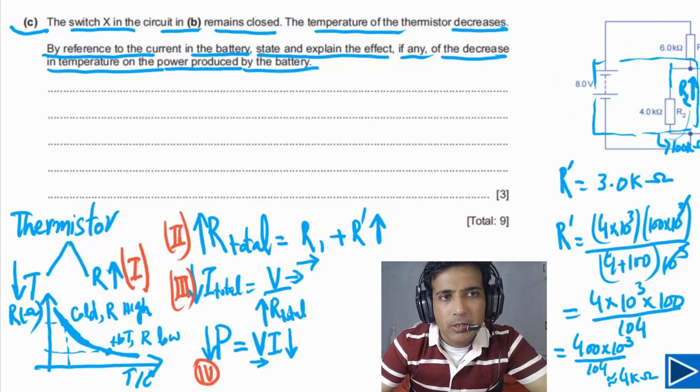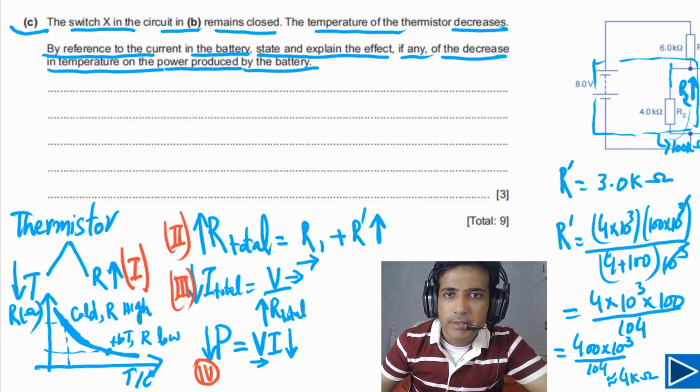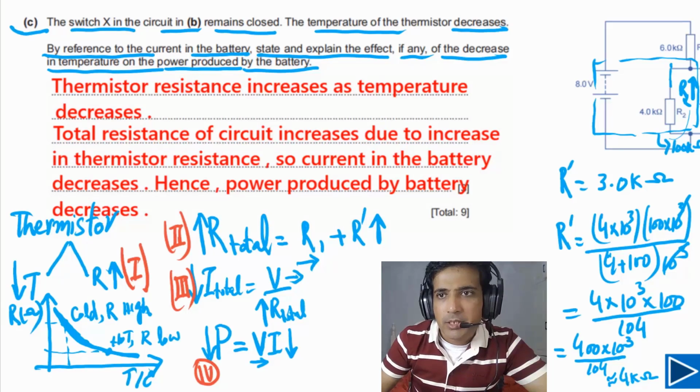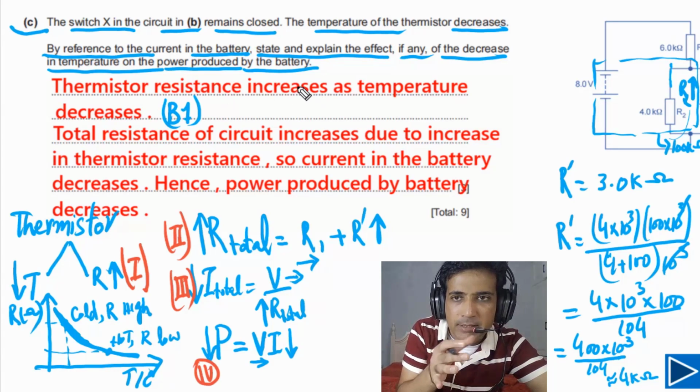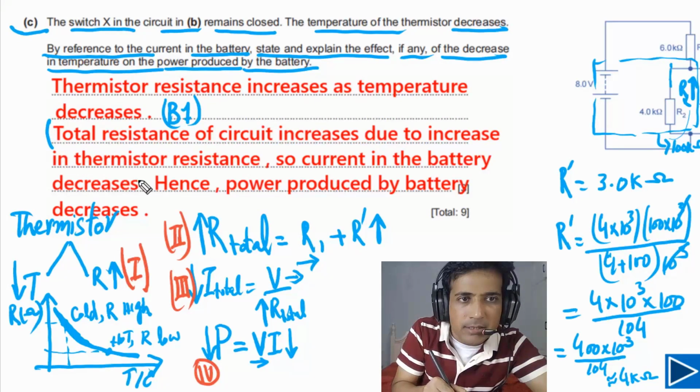Let me show you now how you can write down your final answer. In your final answer you can mention these points. If you mention the first point, you will get 1 mark, and that is the B mark. Meaning if you have mentioned thermistor resistance increases as temperature decreases, you will get 1 mark, the B mark. Then the second mark is the M mark.